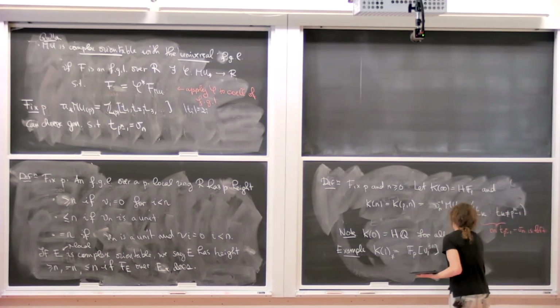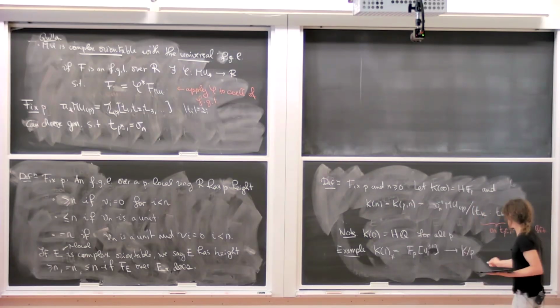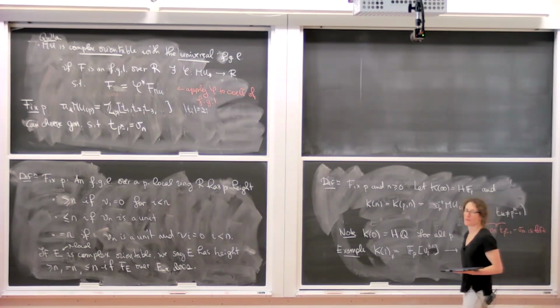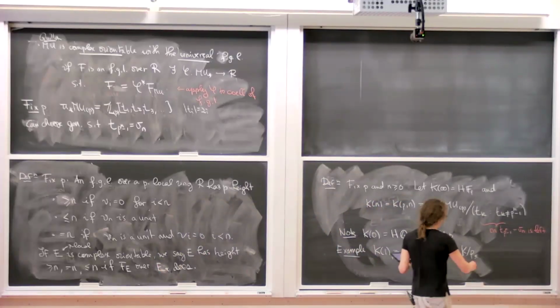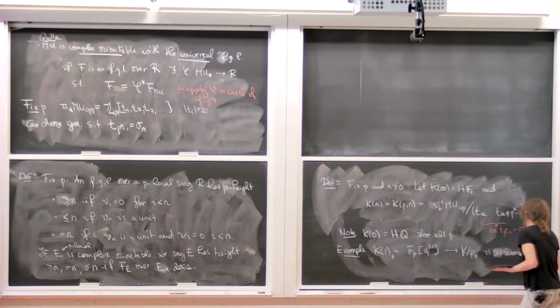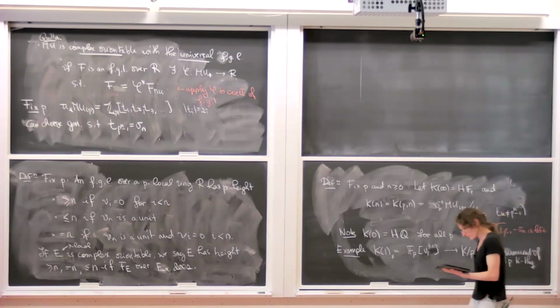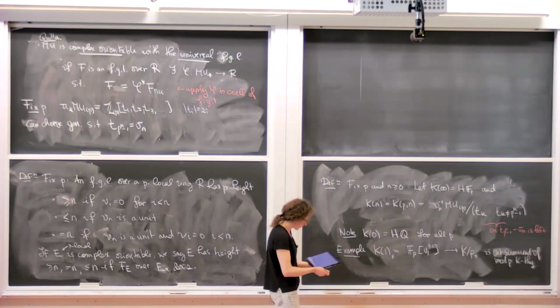So this has a map into K mod p star, and it actually comes from a map of spectra. So this is mod p K-theory. And so we've already seen one of the primes.